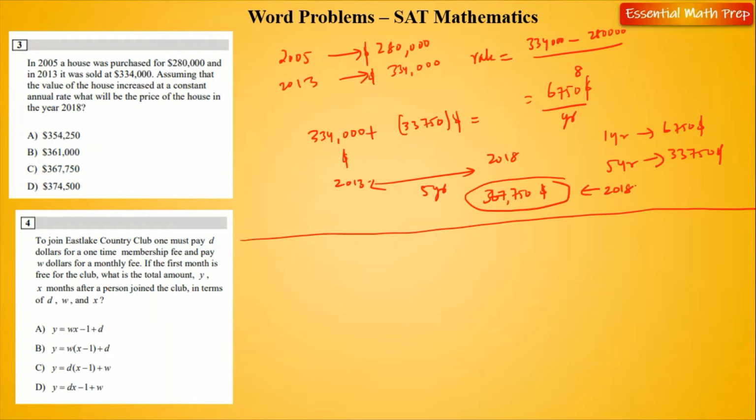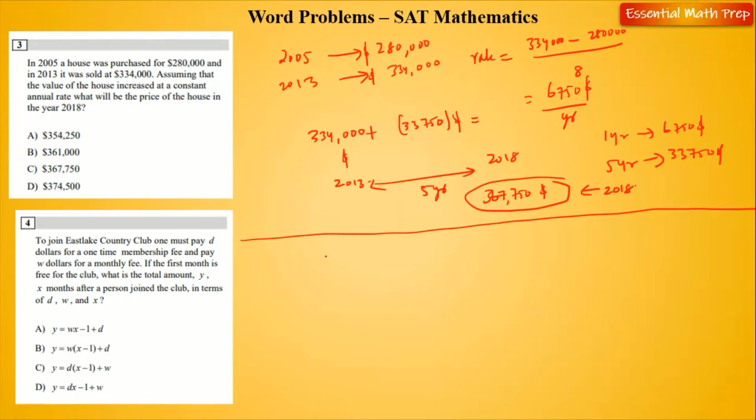To join East Lake Country Club, one must pay D dollars for a one-time membership fee and pay W dollars for a monthly fee. If the first month is free for the club, what is the total amount Y, after X months, that a person joined the club, in terms of D, W, and X? First, you must understand something.